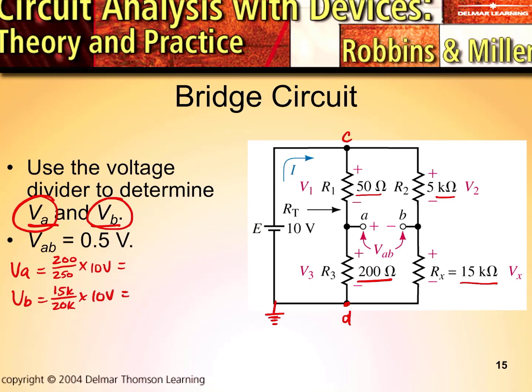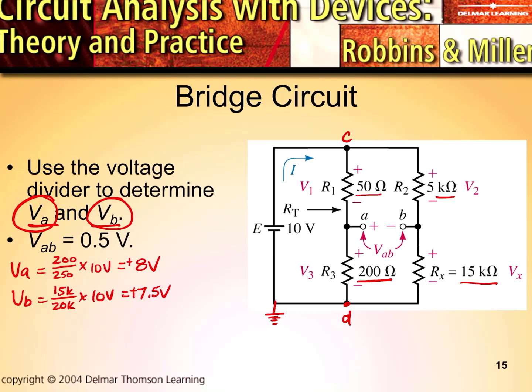So that's going to be 8 volts for VA. For VB, we're going to have 7.5 volts. If we look at the voltage drop polarities, they're both plus.